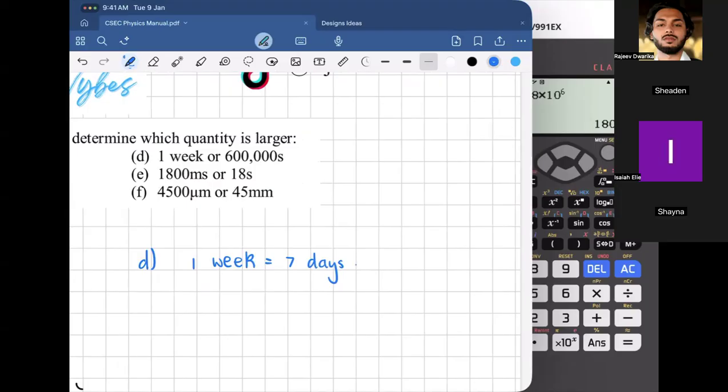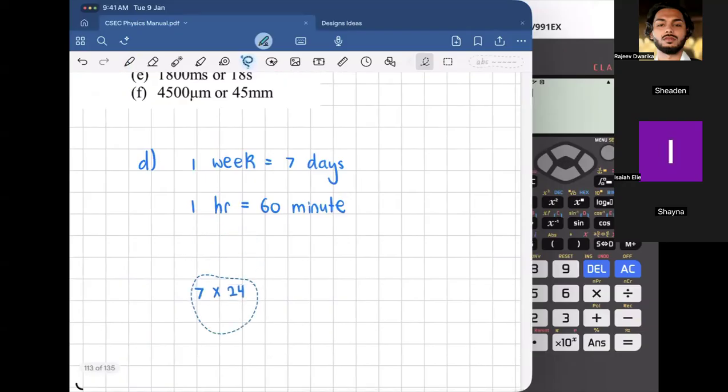So we're going to multiply 7 by 24. And you should also know that in 1 hour you have 60 minutes, and in 1 minute you have 60 seconds, right? So if you combine that, how many seconds do you have in an hour?